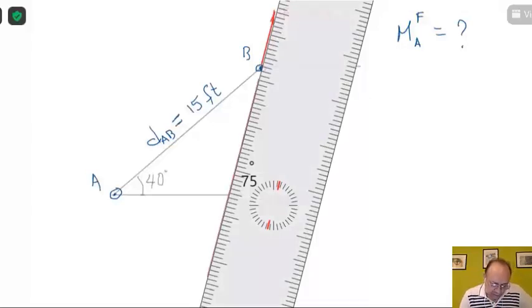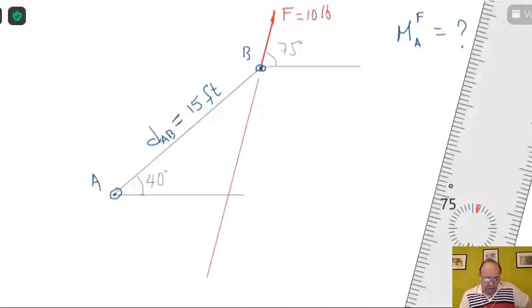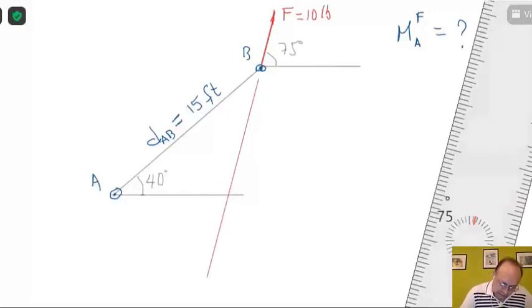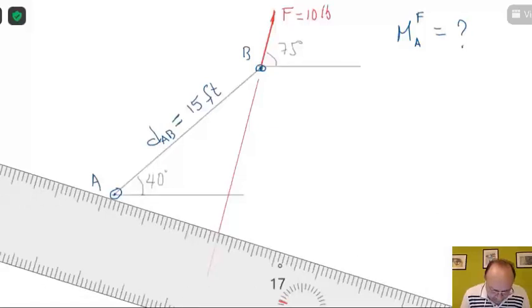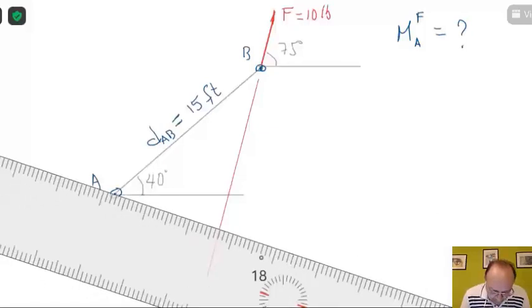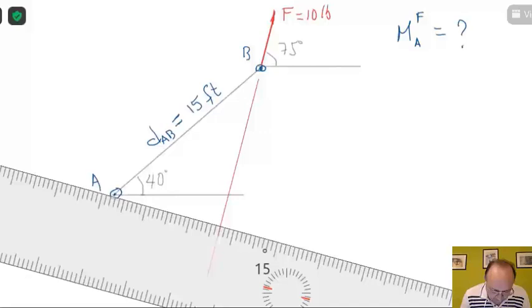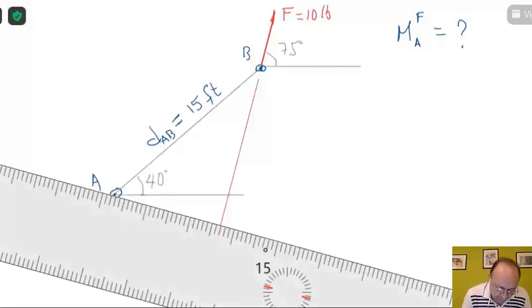That's the line of action of the force, right? And we need to get the distance from point A perpendicular to the line of action. So we need to draw a line that is perpendicular to that red line, coming down from point A.